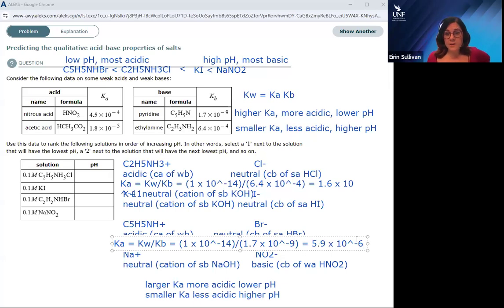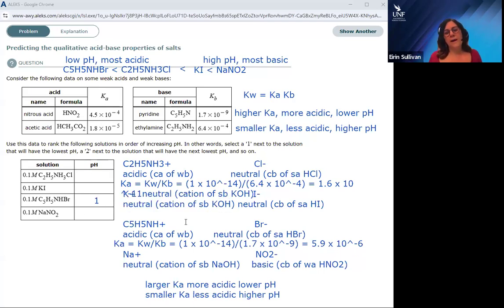So we can see the magnitude of Ka is much bigger, 10 to the power of minus 6 versus 10 to the power of minus 11. So this C5H5NH plus is a stronger acid than C2H5NH3 plus. So again, that matches with the order we put here. So the one with the solution that had the lowest pH, well, that is this guy.